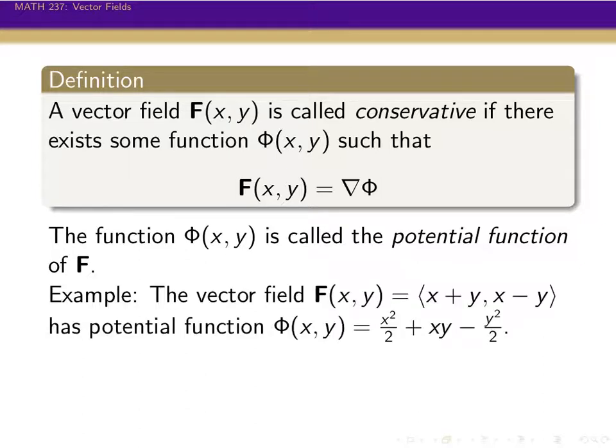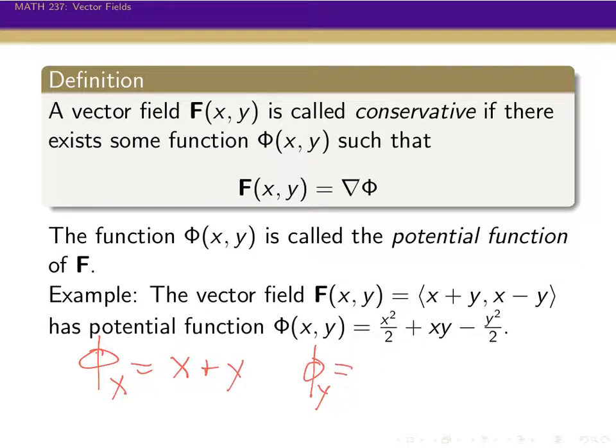So if we go back to the example that we had before for our vector field, x plus y, x minus y, you can check that this is a conservative vector field, because if I take the function x squared over 2 plus xy minus y squared over 2, this is going to give me f. Let's double check this. Here's our phi. If I take the partial in terms of x, I get 2x over 2, which is just x, plus the derivative of xy in terms of x, which is just y, and the y squared over 2 term goes to 0.